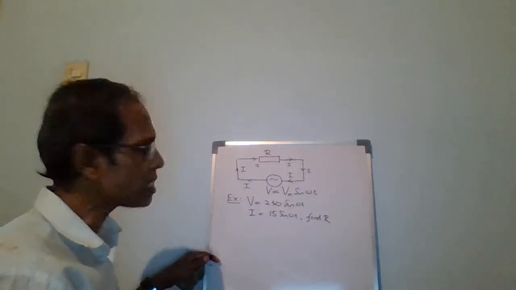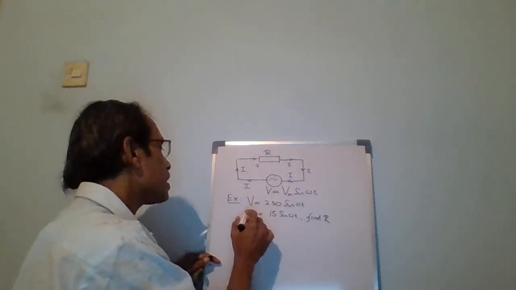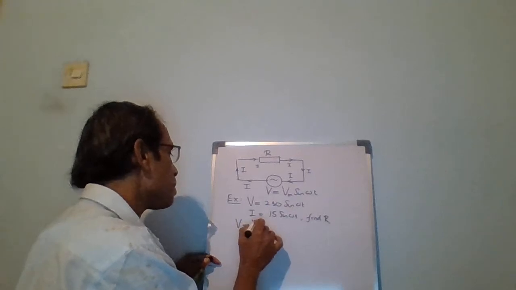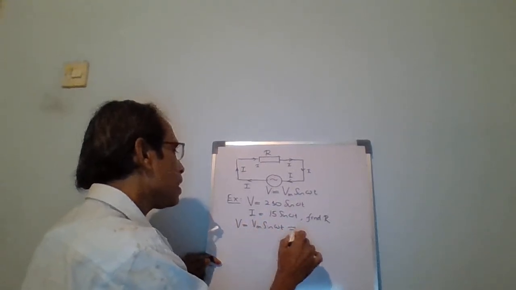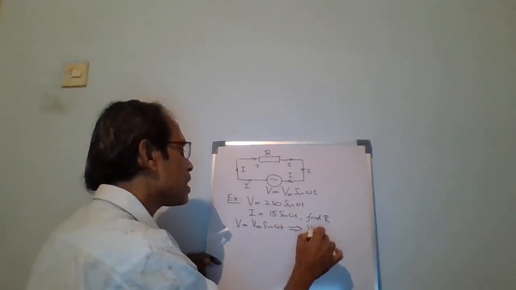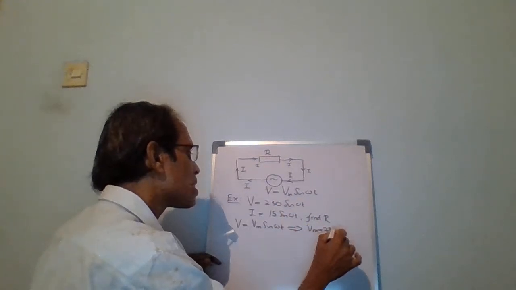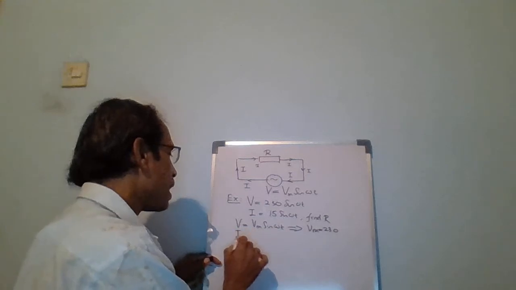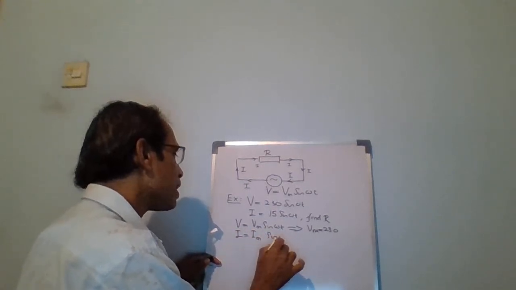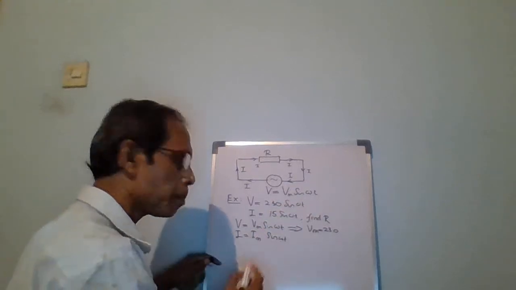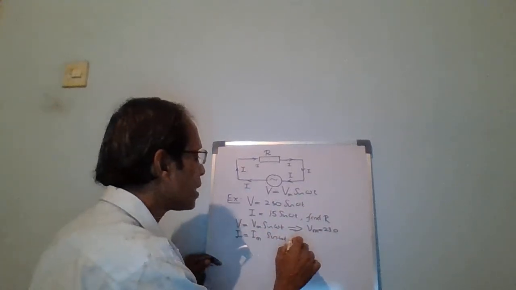The first case: we can write V is equal to Vm sine omega t, where Vm is equal to 230. I is equal to Im sine omega t. You know, the same angle coincides together.